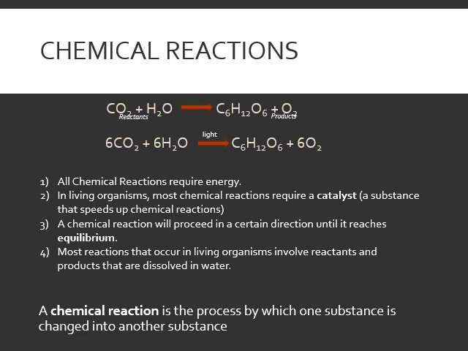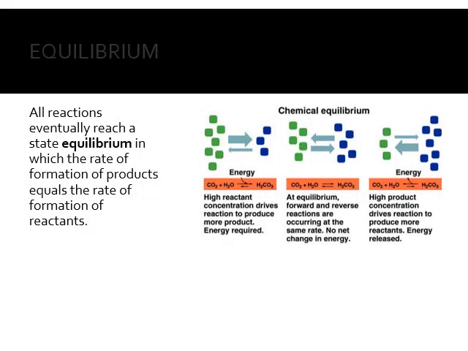So we have reactants come together to form products, or reactants can be split apart to form products. So equilibrium. All reactions are going to move toward a state of equilibrium. They all want to reach a state where the rate of formation of products equals the rate of formation of reactants. That is, it's moving equally in both directions at the same time.